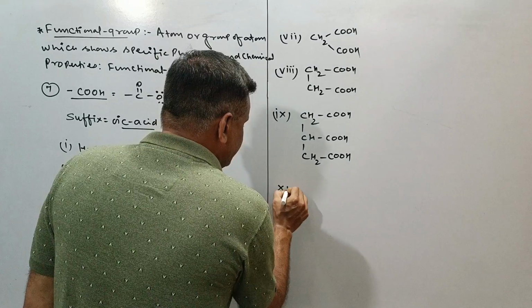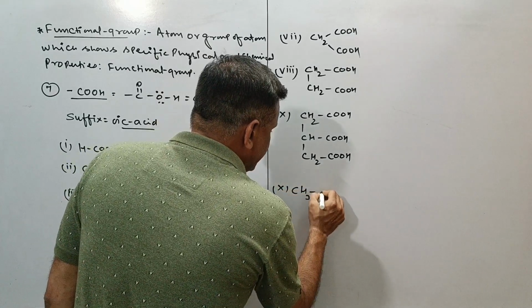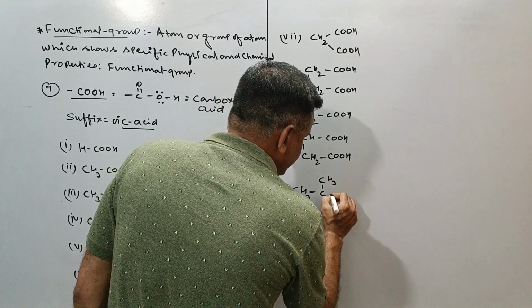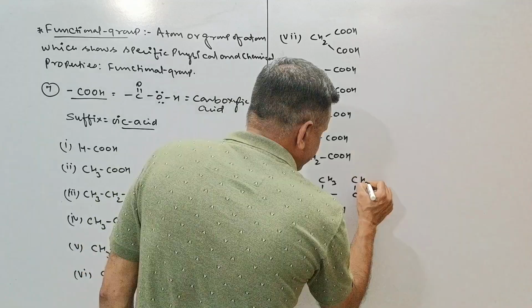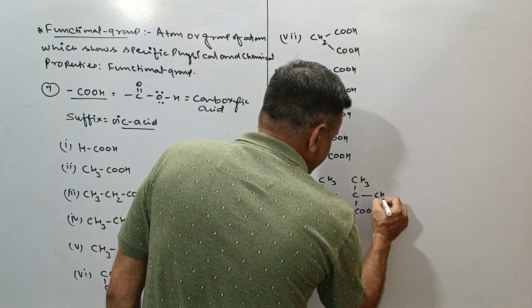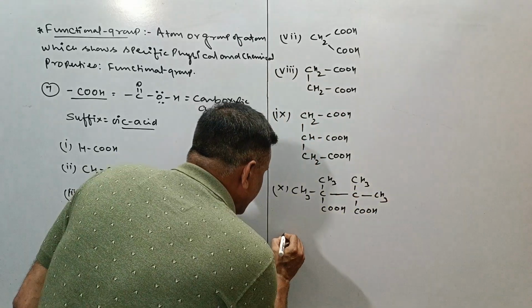This is the 10th example, CH3 C CH3 COOH and C CH3 COOH, and this is the CH3. This is the 11th example.